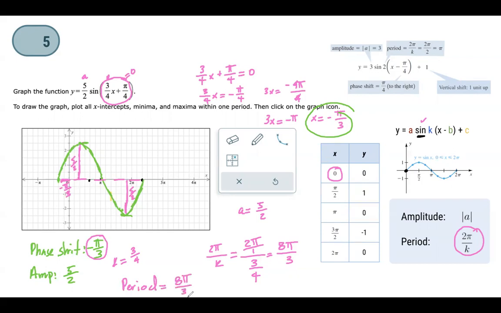Some of you might be asking, well, but isn't the period the value where it ends? Well, in this case, the period is from the starting value of the cycle. It starts here and it ends here. So if we were to measure that distance, it would be a distance from here to here that would coincide to 8 pi over 3.